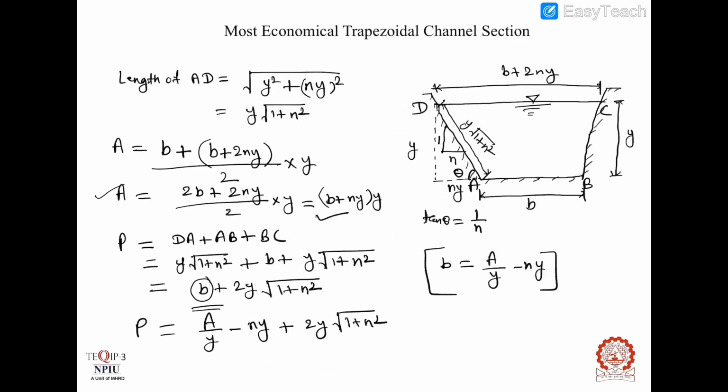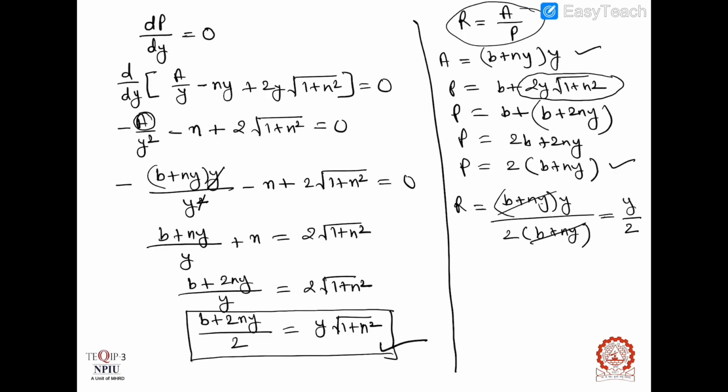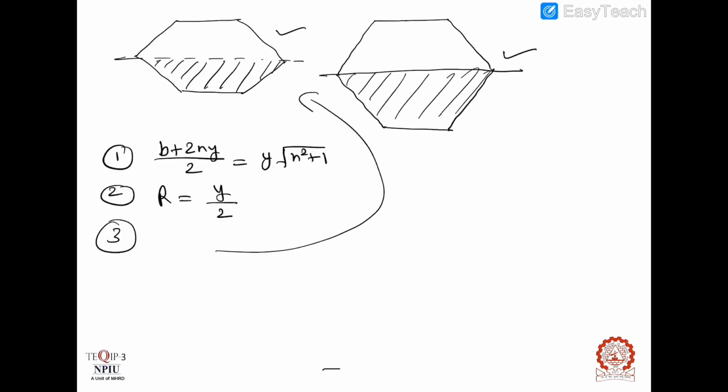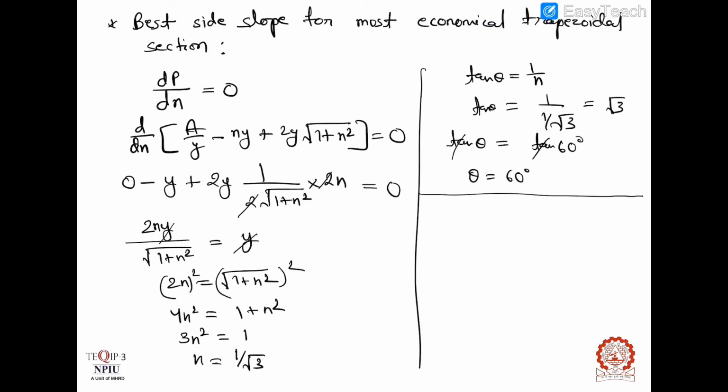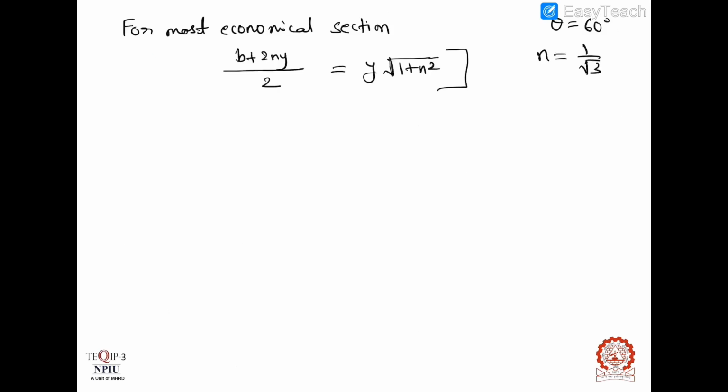At the very beginning, we kept area of flow and theta constant and varied the depth of flow. Then we found this condition for most economical channel section. Later we found the best side slope by keeping the other parameters constant. Now we are keeping the side slope at 60 degree and varying the depth of flow.